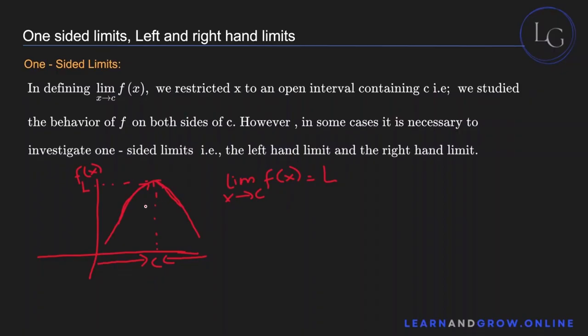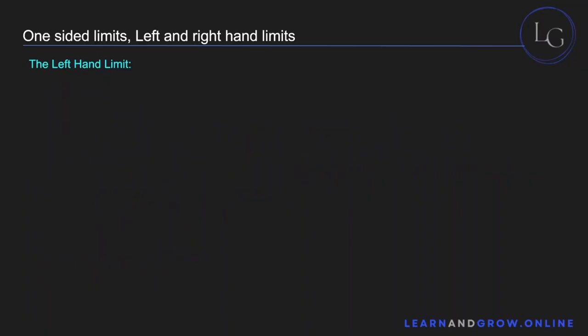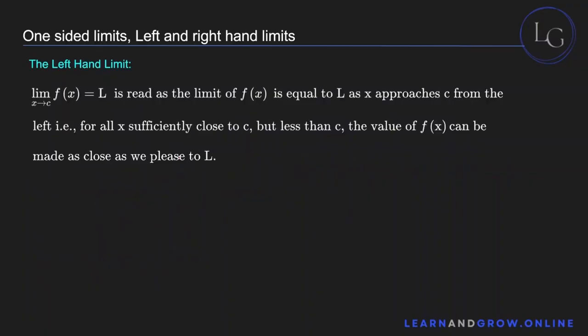So we've discussed this so far, but we need to discuss one-sided limits because this is not true for every single function. And here is an example, the left-handed limit. It says this function over here is equal to L as x approaches C from the left side.